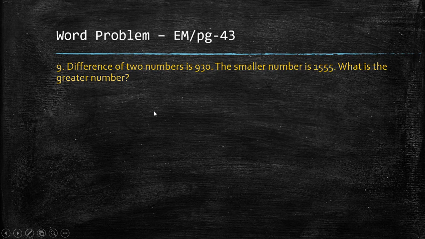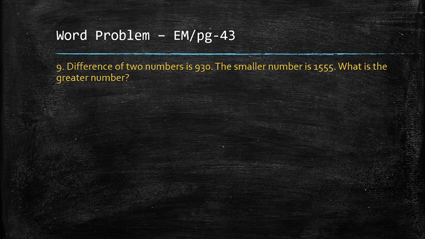You know, when we find any difference, we have to do subtraction. But here, the difference is given. This is the difference, and the smaller number is 1555. So you have to find out the greater number. How can we get the greater number?